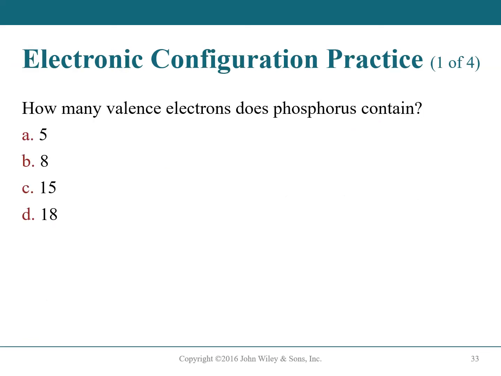Okay, so how many valence electrons does phosphorus have? If we look at phosphorus, phosphorus has 15 protons. So it has 15 electrons total. And it's in group 5A.